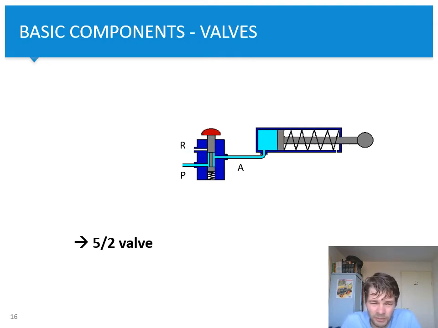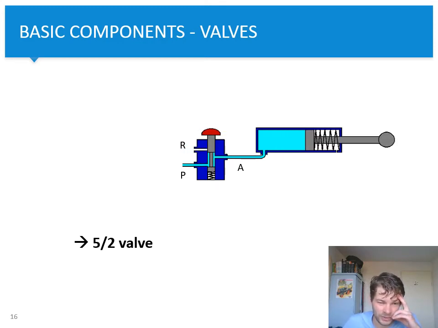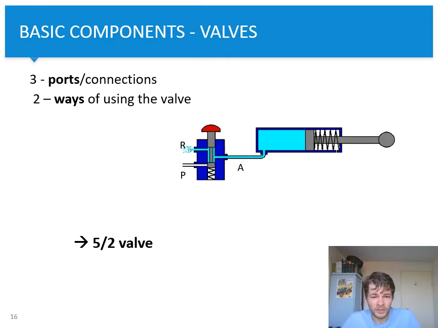And if we want to characterize valves like this, you can do this using the amount of ports, that are the connections of a certain valve, and the methods of operating this valve.